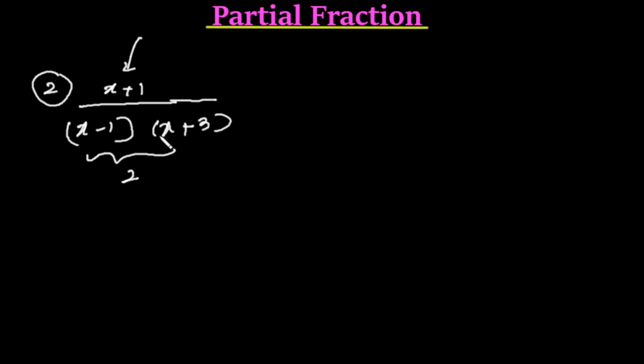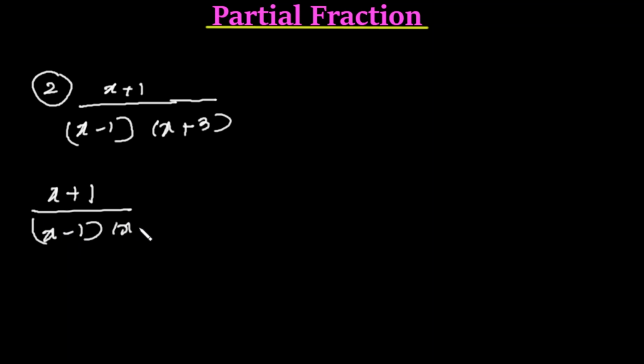Please remember, if the maximum power of the denominator is higher, you need to use that previous method. So you can write it like this: (x plus 1) over (x minus 1)(x plus 3).